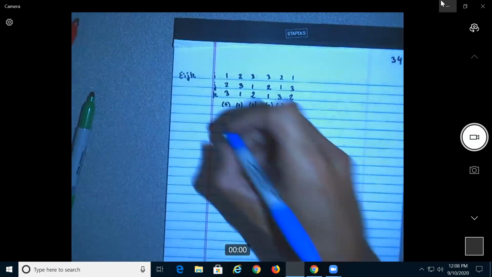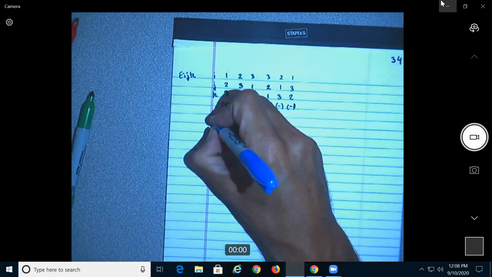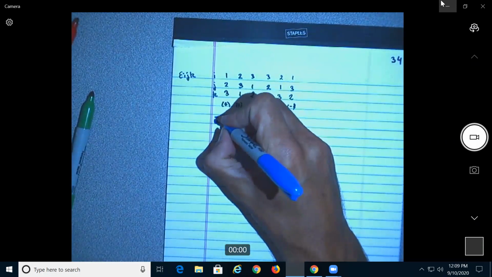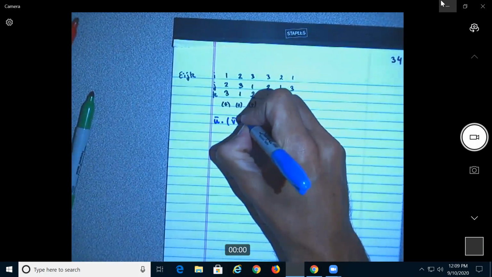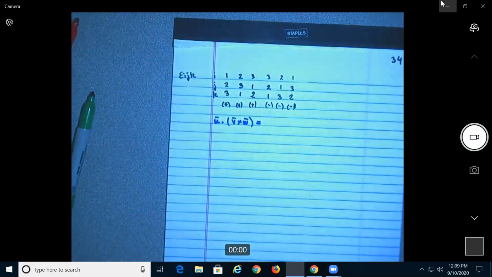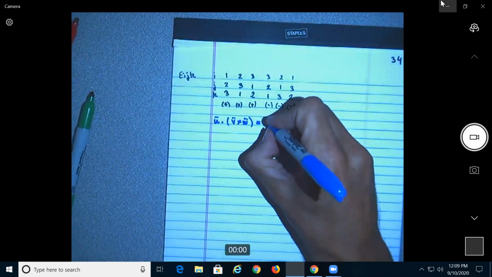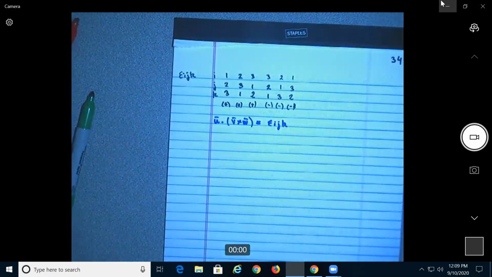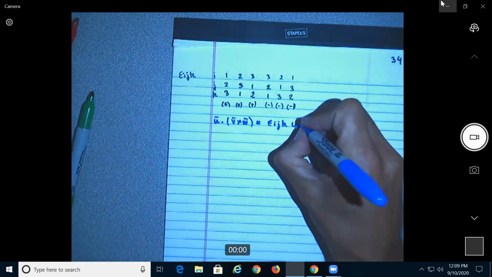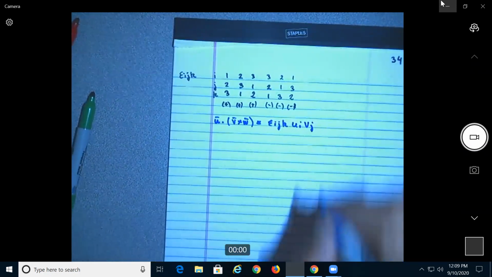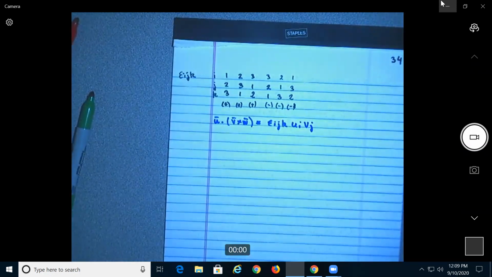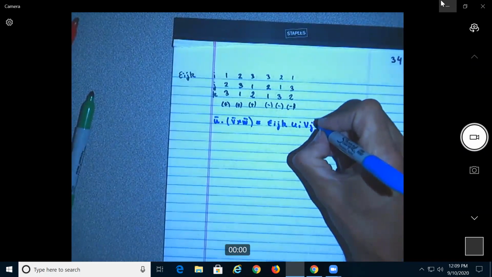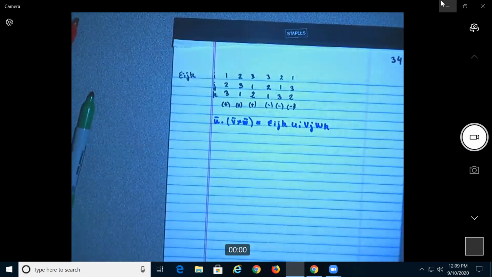Okay, so let's recall the previous expression. We have u dot v cross w equal to what? Epsilon ijk u sub I v of j w of k.